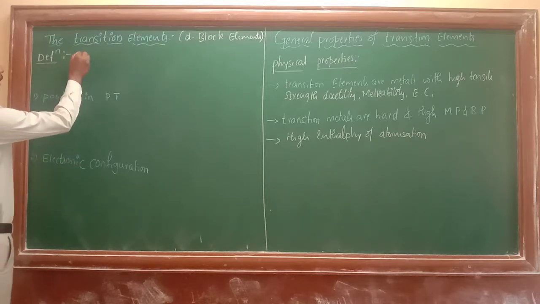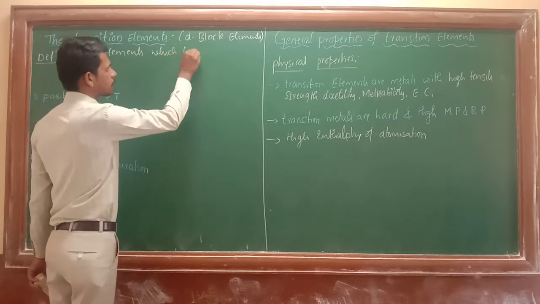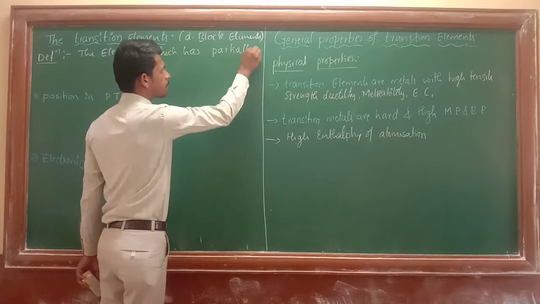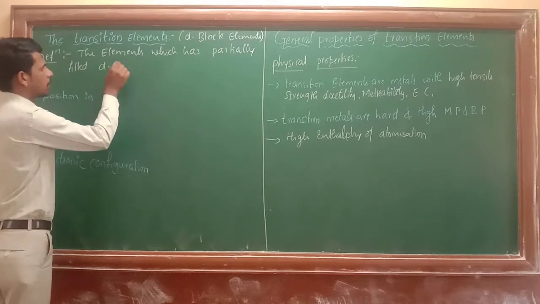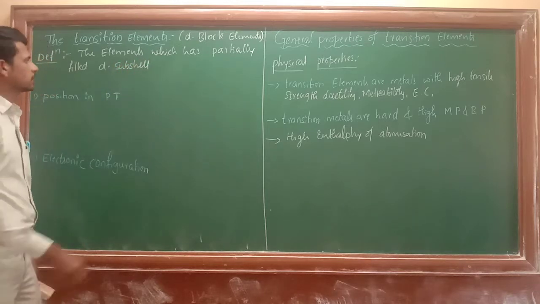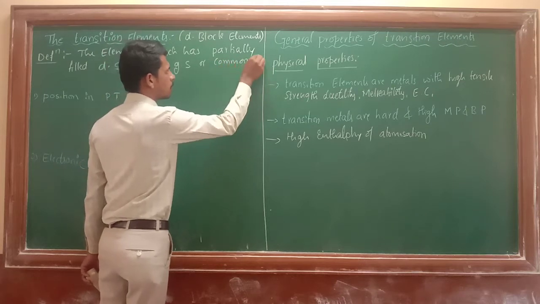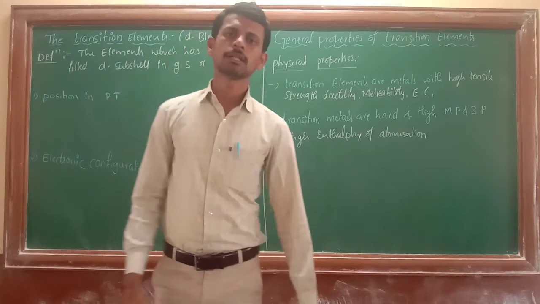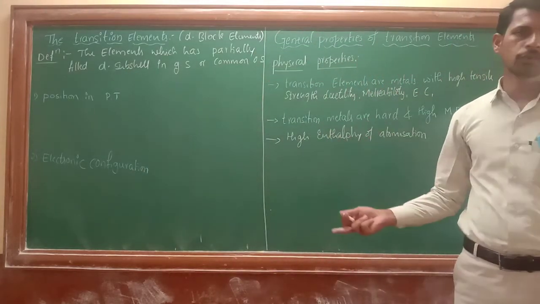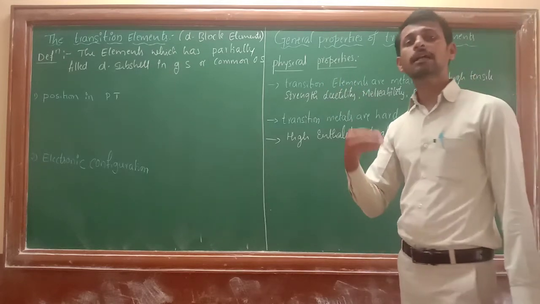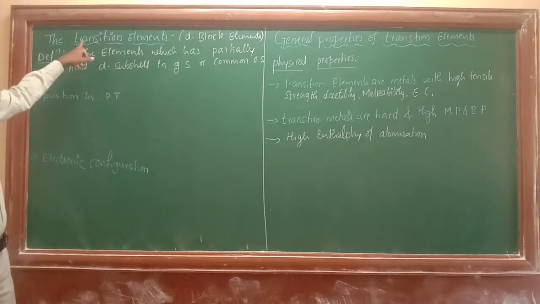That is the definition: the elements which have a partially filled D subshell in the ground state or in common oxidation states. If any element has a partially filled D subshell in the ground state or in a common oxidation state, then we call that type of element a D block element or transition element.